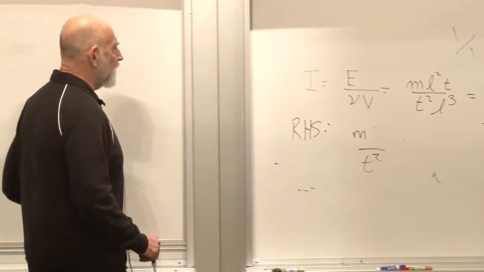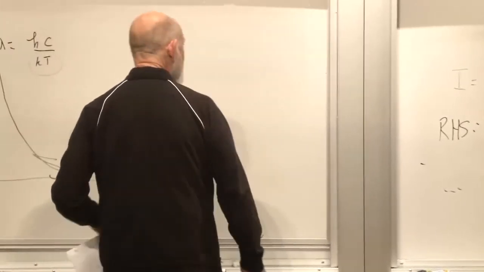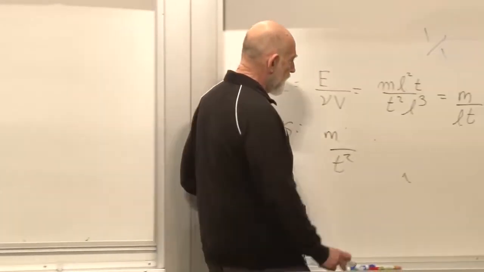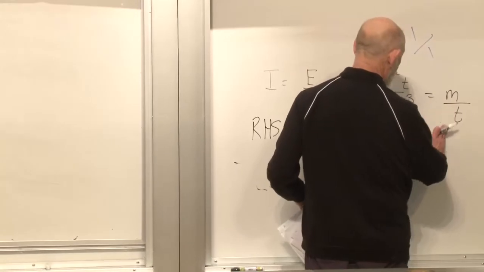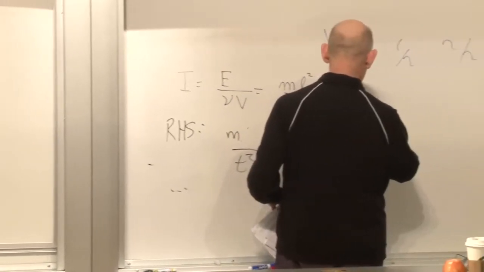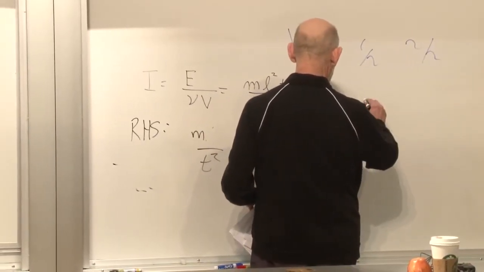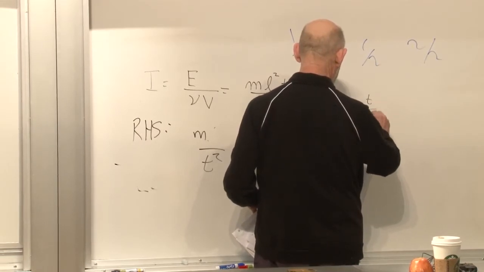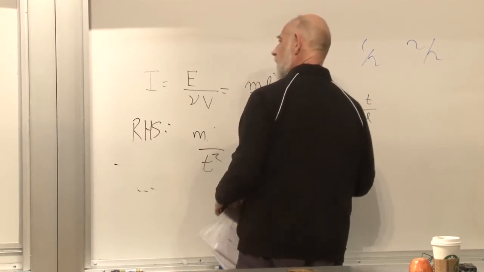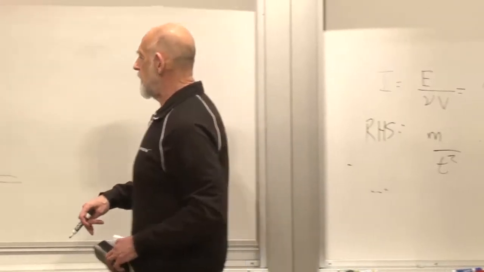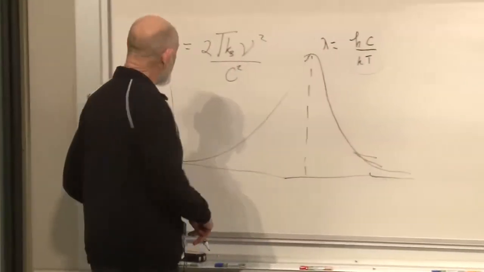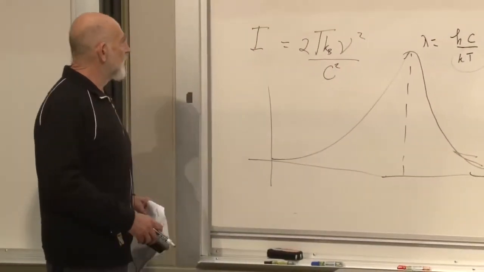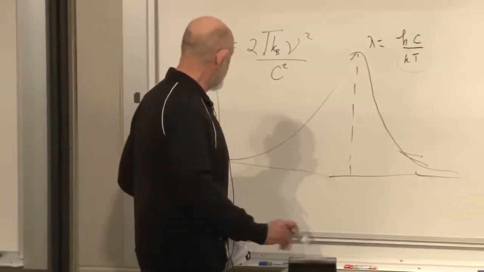Length times time is length over time squared times time over length, which means a c. We're off by a factor of c. So is it upstairs or downstairs? I don't know what happened. C cubed on the bottom.